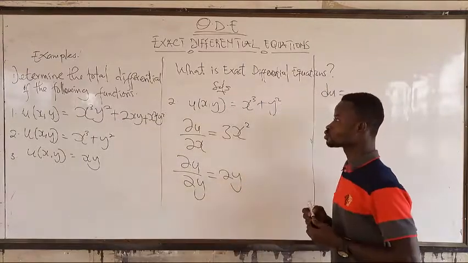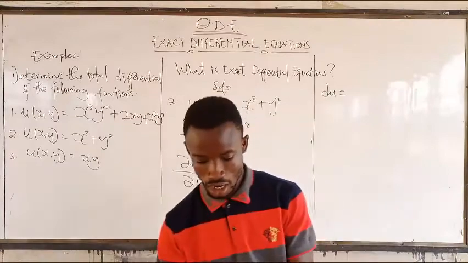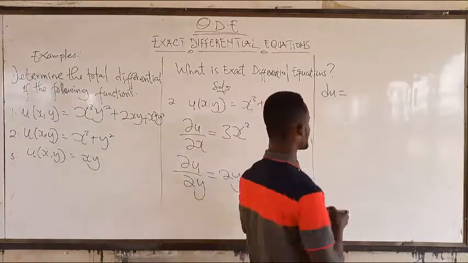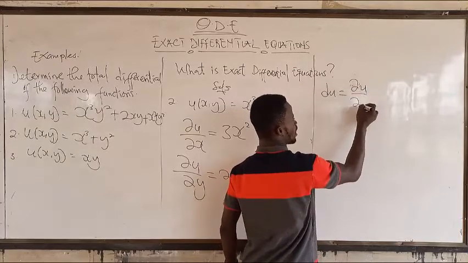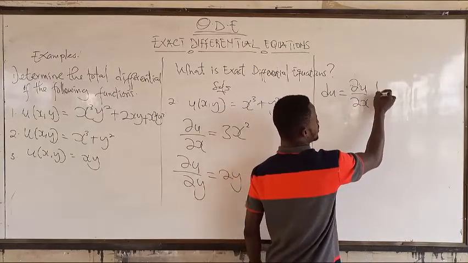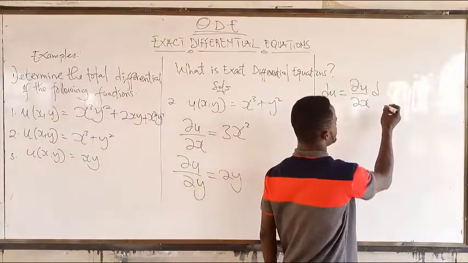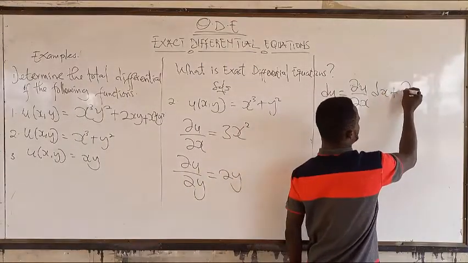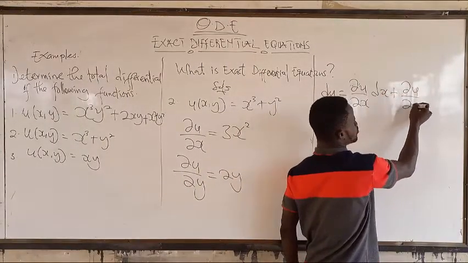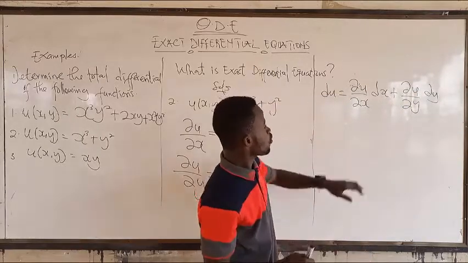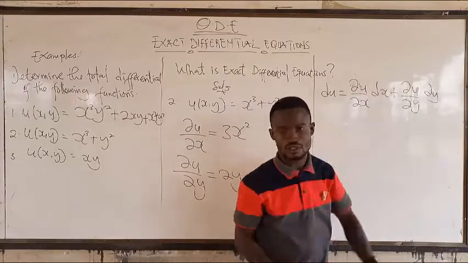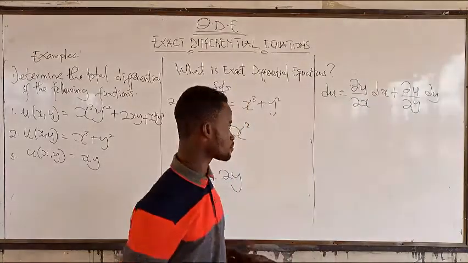Du is going to be equal to partial derivative of u with respect to x, then here will be dx, plus partial derivative of u with respect to y, and here will be dy. Very good. So we have gotten this and this, so you are only left to do substitution.